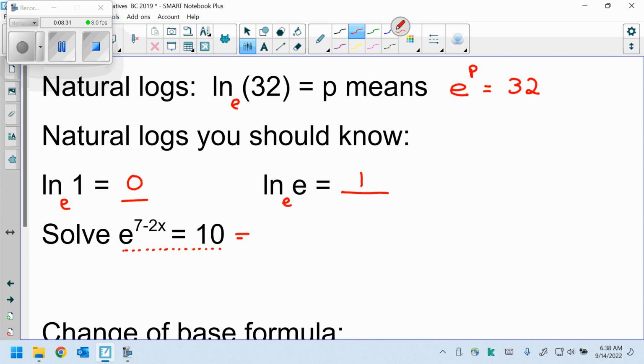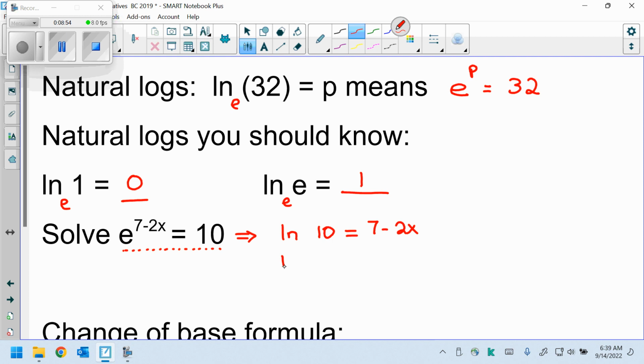Maybe we say that the natural log of 10 is equal to this exponent of 7 minus 2x. Now our job is to get x all by itself, and now we've got a shot at doing that.